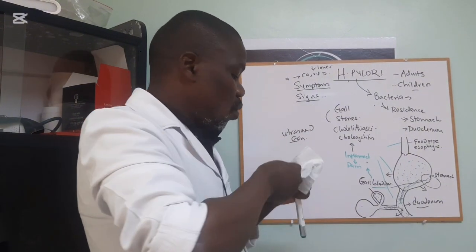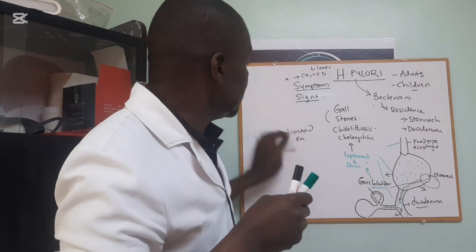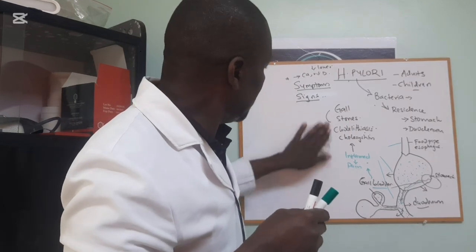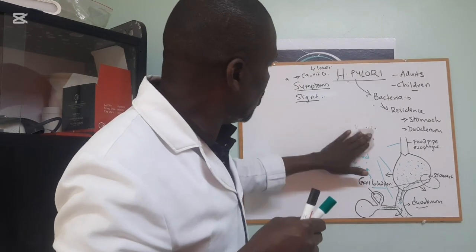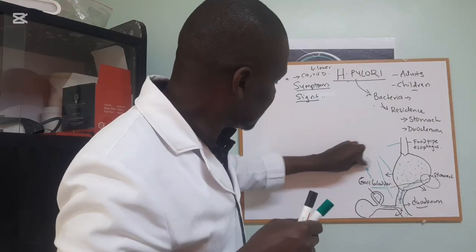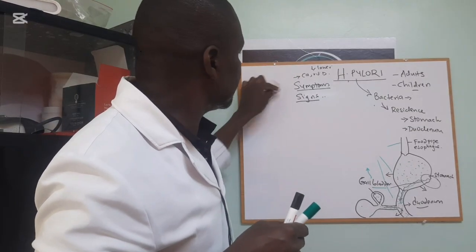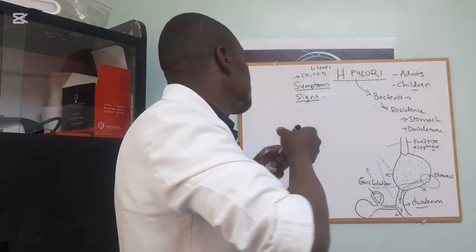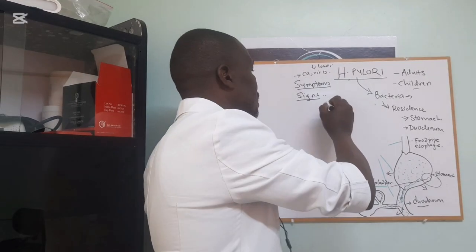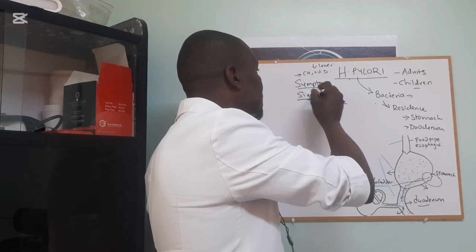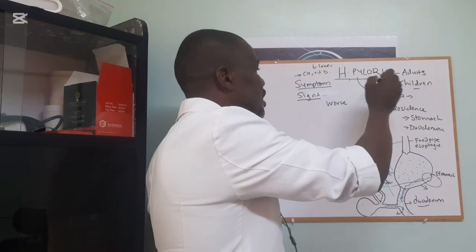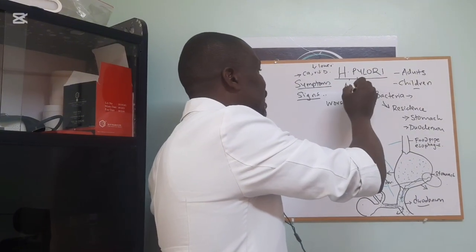Now, we've seen that H. pylori will cause these symptoms, okay? The abdominal pain, vomiting, and all those other symptoms that we have discussed, including inflammation of the gallbladder. But then, what makes these symptoms become worse? Remember, we are talking about issues with H. pylori and acidity.